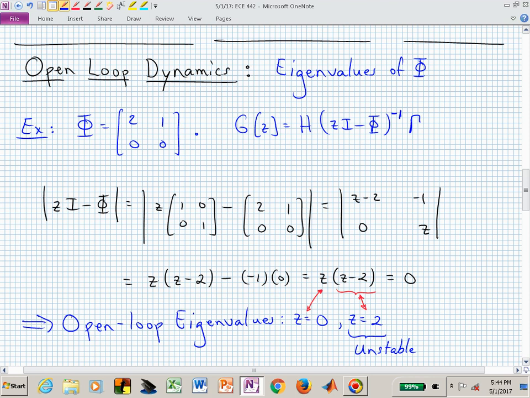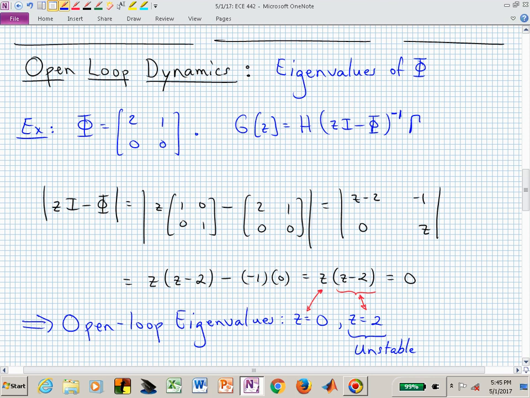If they are at z equal to 2, what do we know about the stability? Now we know that we have an unstable system, because we're outside the unit circle, and we probably want to adjust that system so that it is stabilized.